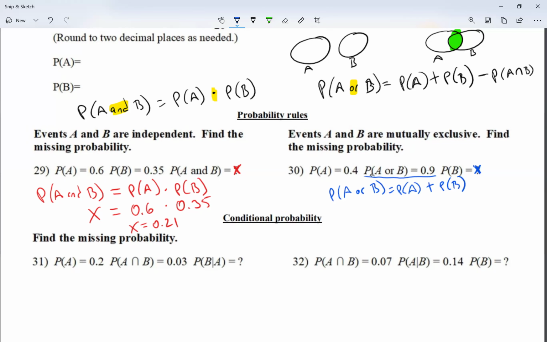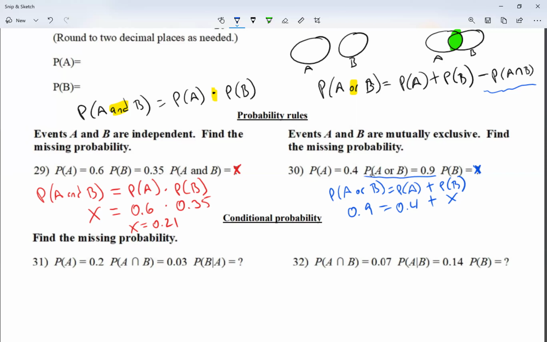I'm not going to subtract probability of A intersect B. According to my formula, I don't have to subtract it because they are mutually exclusive, which means they don't overlap. Probability of A or B is 0.9. Probability of A is 0.4 plus X, because I don't know what probability of B is. What will you do to get X by itself?